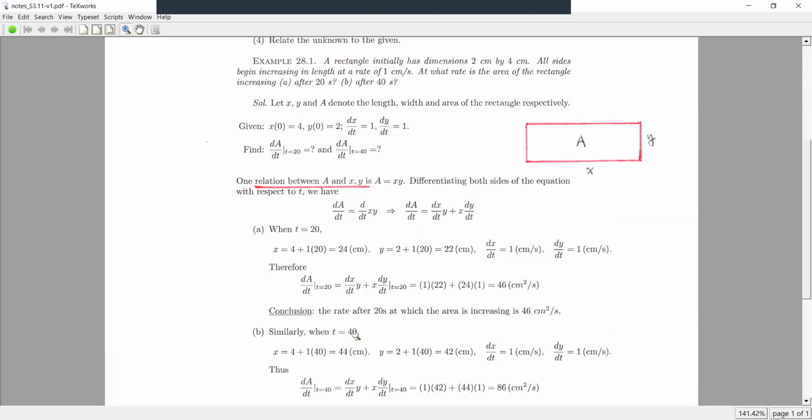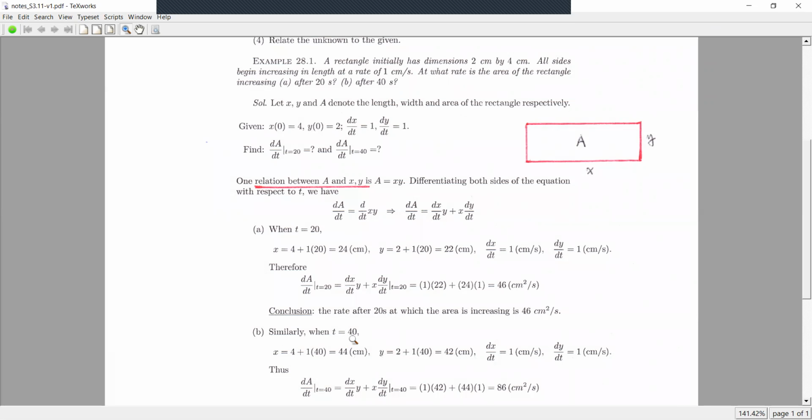When time is 40, the width is 2, the initial width, plus 1, the increasing rate of the width, times 40, which is 42 cm.